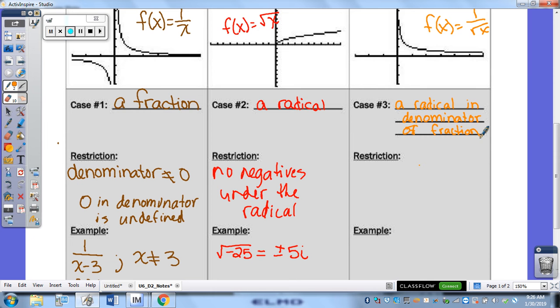You have a radical in the denominator of your fraction. So the two restrictions we have are that the denominator cannot equal 0, and the radicand has to be greater than or equal to 0, because remember, it can't be negative. So it could be 0, or it could be positive, can't be negative.